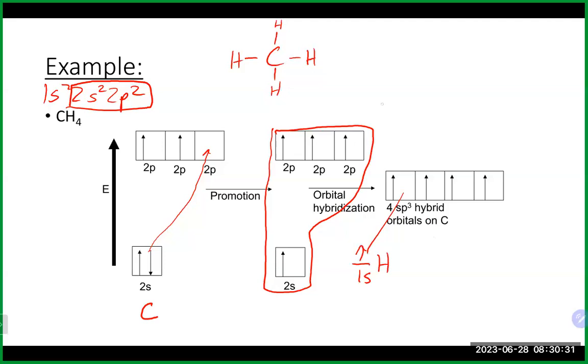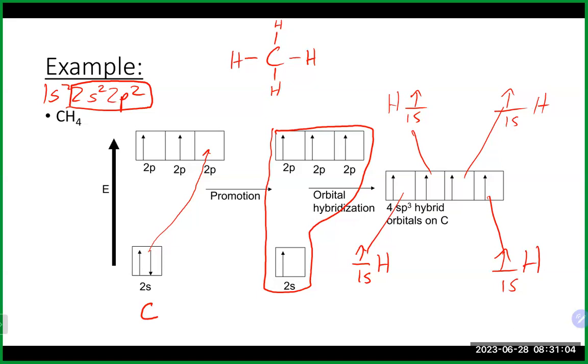So I'll draw it kind of like the picture. Each of those carbon hybrid orbitals will be able to make a bond with hydrogen, and it would be a bond between an sp3 hybrid orbital on carbon, and in this case a 1s orbital in hydrogen.